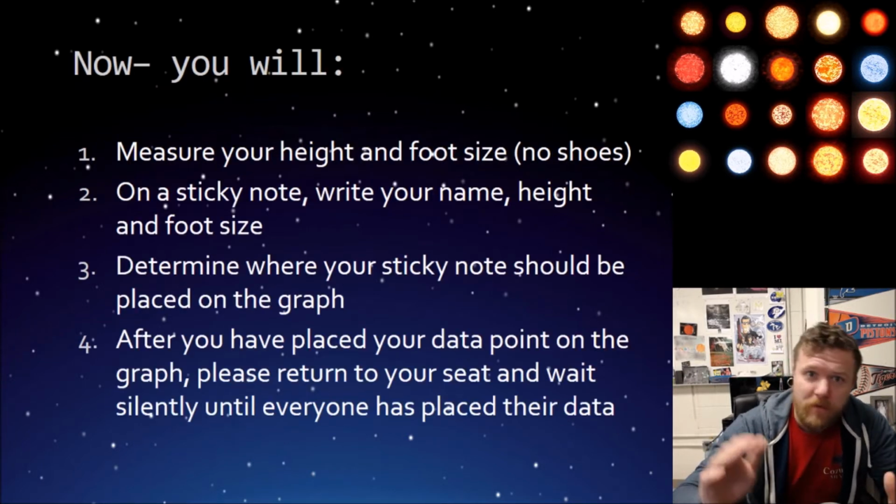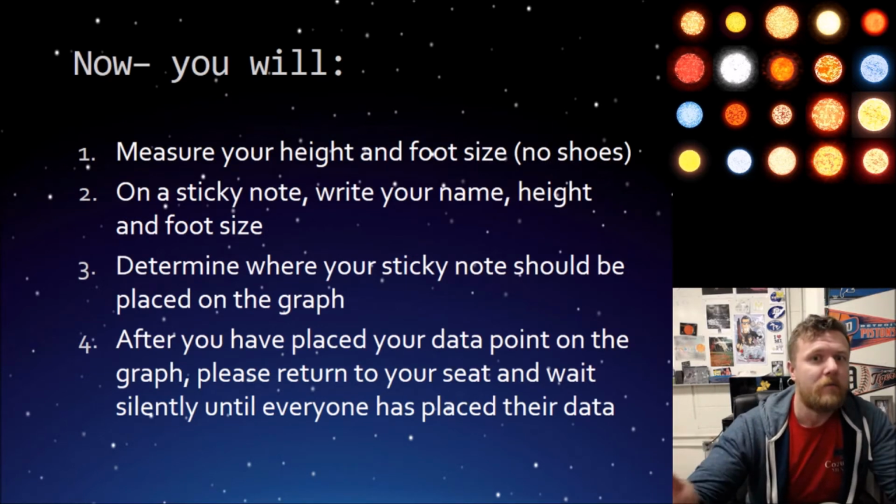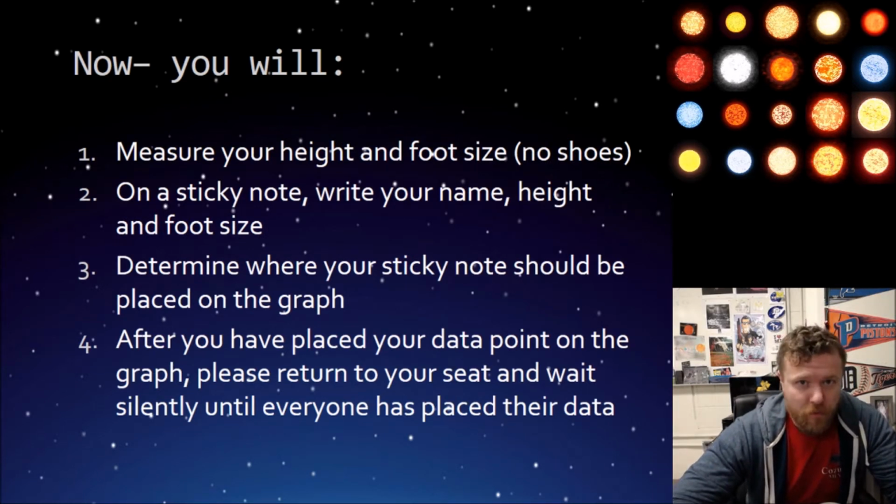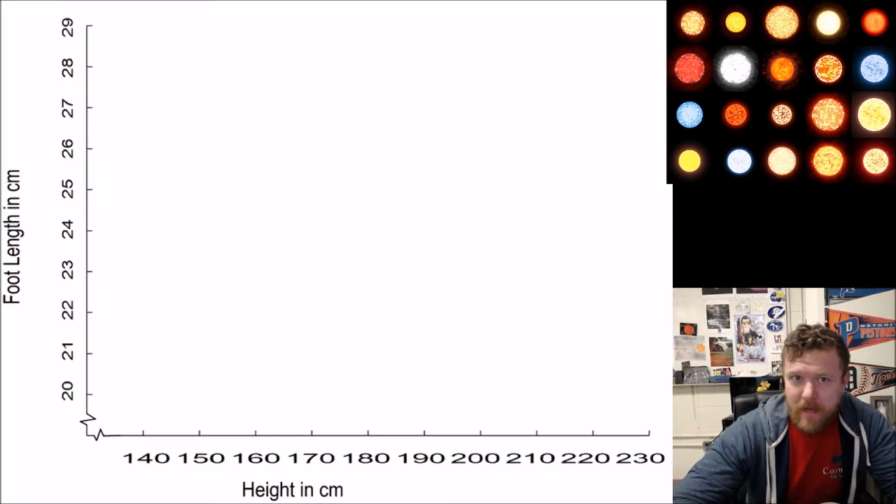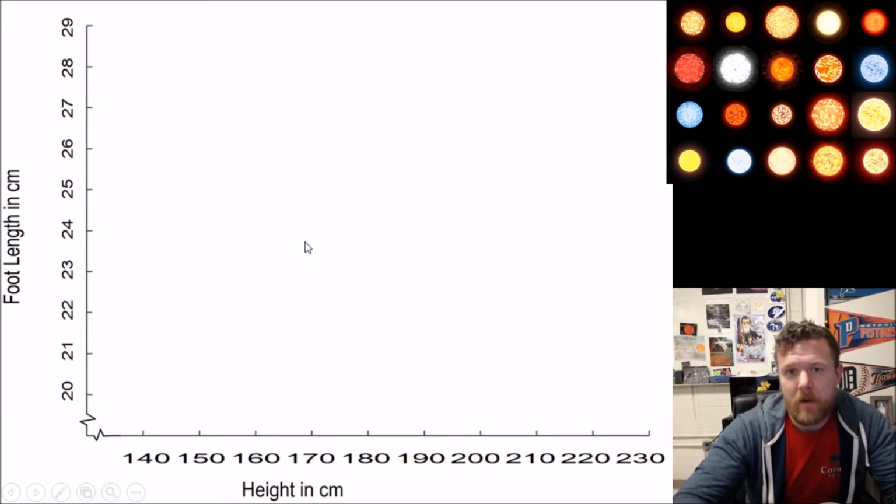So you guys would go over, you'd measure your height with a meter stick, you'd measure your foot with either a ruler or a meter stick. You would then come back and you would plot your particular point based on your height and based on how long your foot is somewhere on this particular graph, which would be up on the screen.